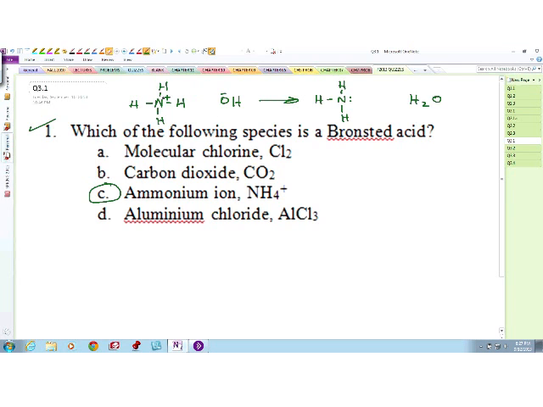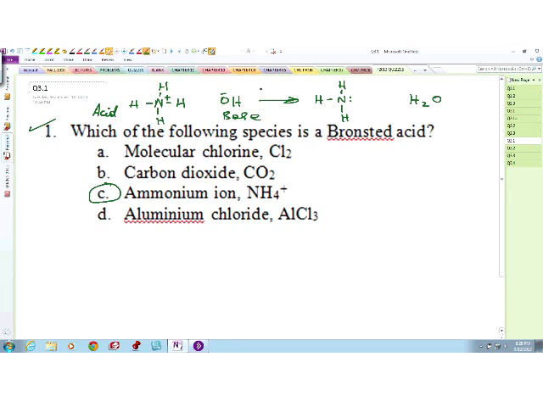And so what is a Bronsted base? In this particular reaction, which is the Bronsted acid going from left to right? Ammonium, right? So this is the Bronsted acid. And which is the Bronsted base going from left to right? Hydroxide.